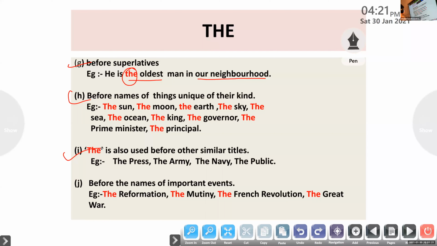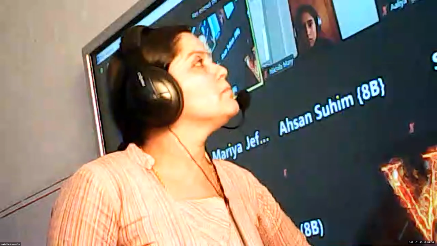Okay, see children here, the French Revolution is an event. It is an event, something happened. The Great War, the Great War. Okay, it's an event. What do you mean by mutiny? Are you all familiar with the word mutiny? What is a mutiny?